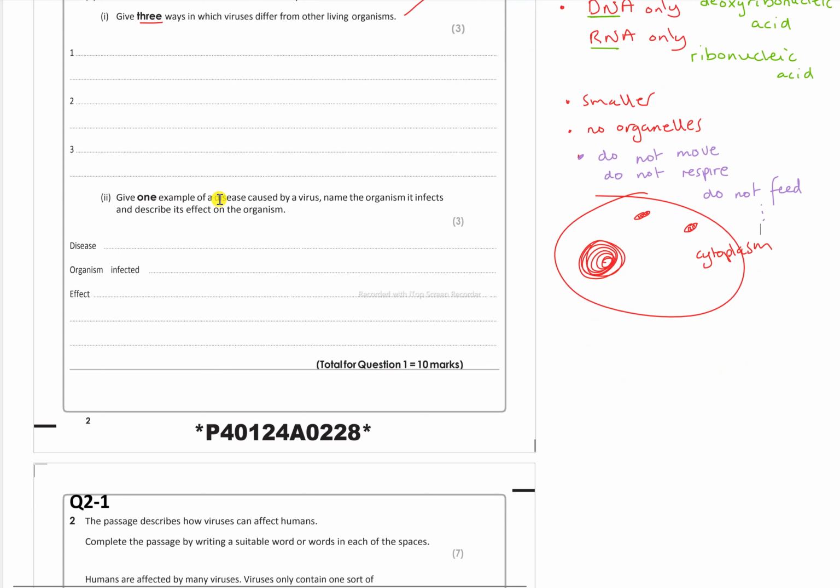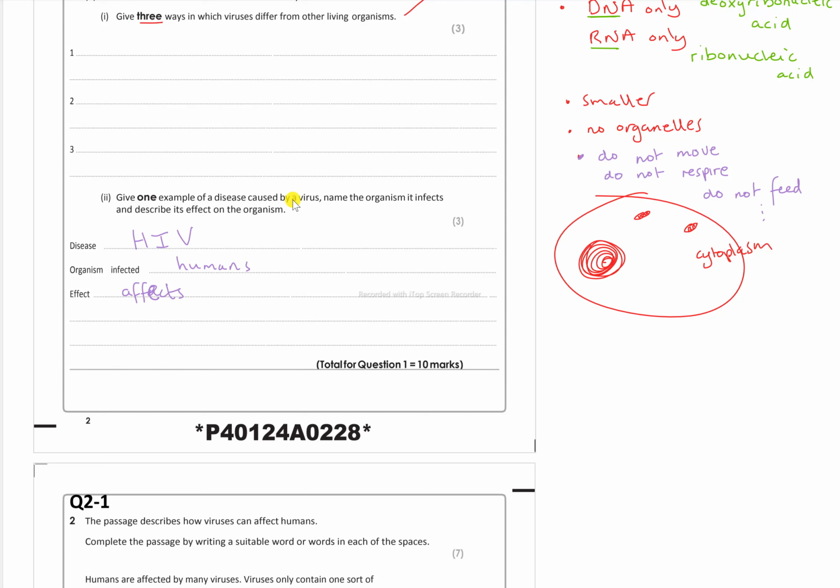Give one example of a disease caused by a virus. Right, the most obvious one is HIV, and the organism infected is humans.